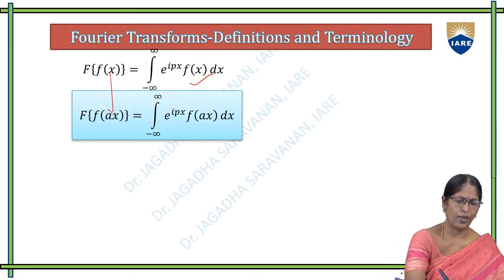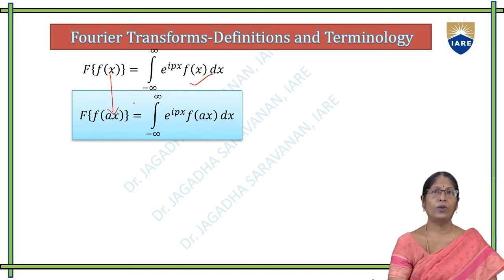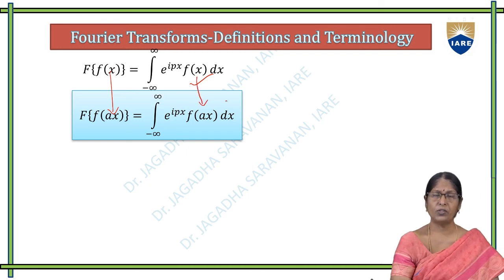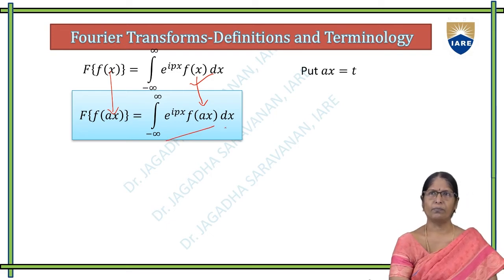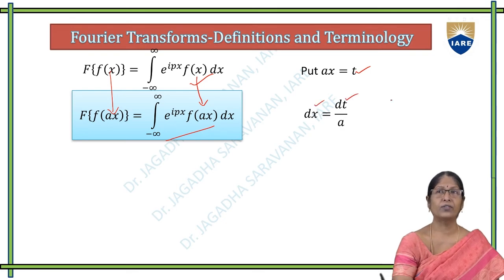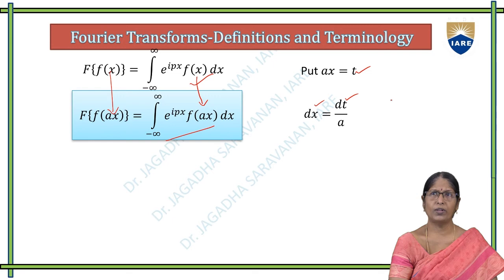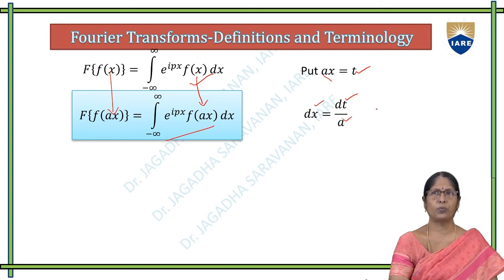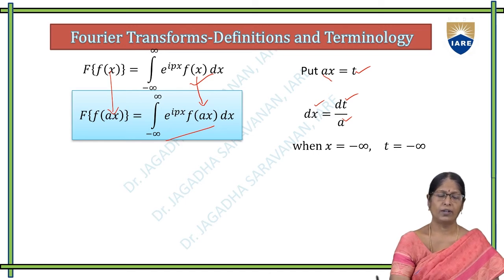Now our f of x becomes f of ax, so wherever f of x appears, it is replaced by f of ax. We take the assumption ax equal to t, and differentiate both sides, so dx equal to dt by a. When doing integration with a substitution, we have to check the limits.